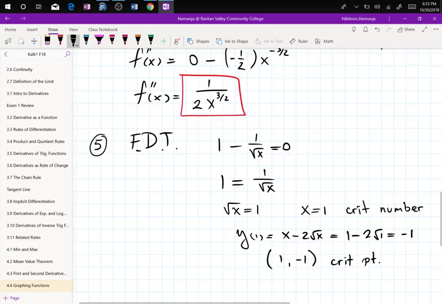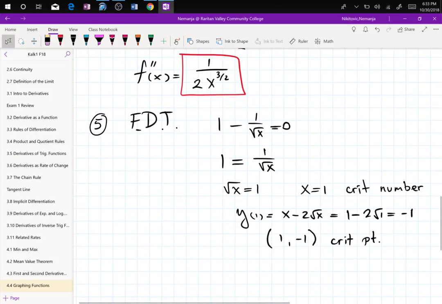Remember that the critical point is going to be either a min or a max. It's going to be something. Great. We have one critical number, which is 1. We have no vertical asymptotes, and we have to partition from 0 to infinity. Let's go. A wall going to infinity, starting at 0, partition at 1 because of our critical number.